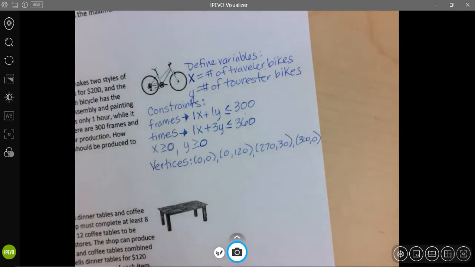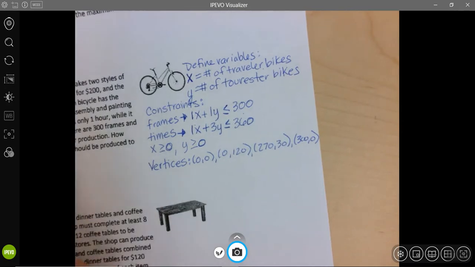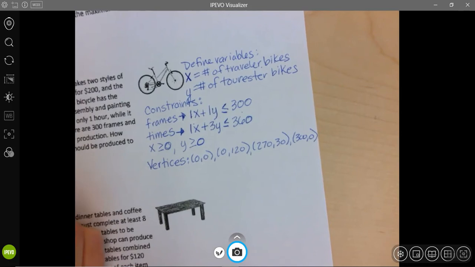Remember, an objective is like a goal. So every problem has a goal. For this one, it says we want to maximize revenue. What's revenue? Money, that's right. Revenue is money. So we want to maximize our money here.